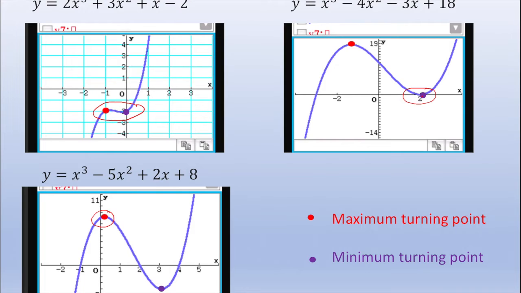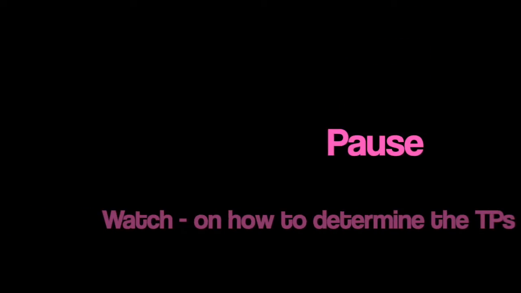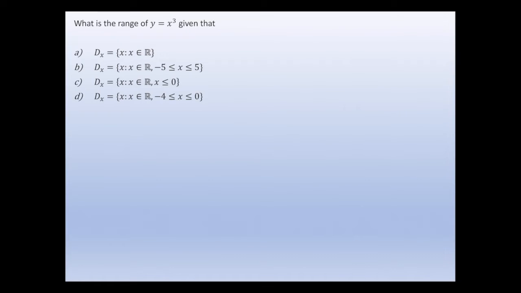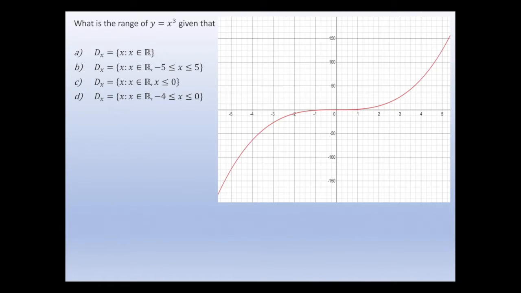I am going to show you how to use your ClassPad to determine the maximum and minimum turning points. So please get your ClassPad out. We are going to learn how to determine the range of a cubic function. So now let's have a look at y equals x cubed.